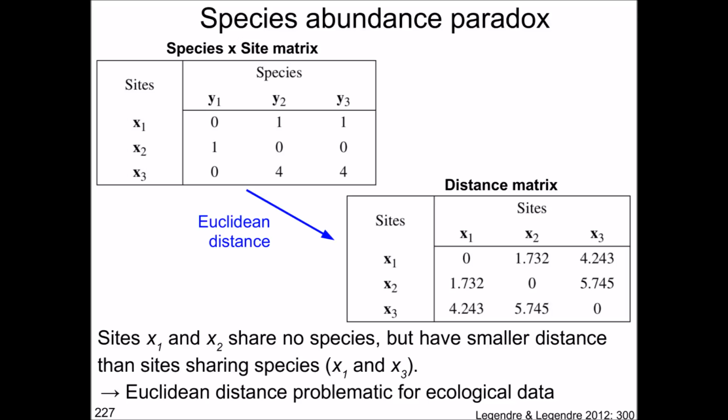It would mean that site 1 and site 2, which don't share any species, are ecologically more similar than sites x1 and x3, which have all species occurrences, so presences and absences, in common. That makes not much sense ecologically. And from this example, you see that the Euclidean distance is problematic for ecological data.